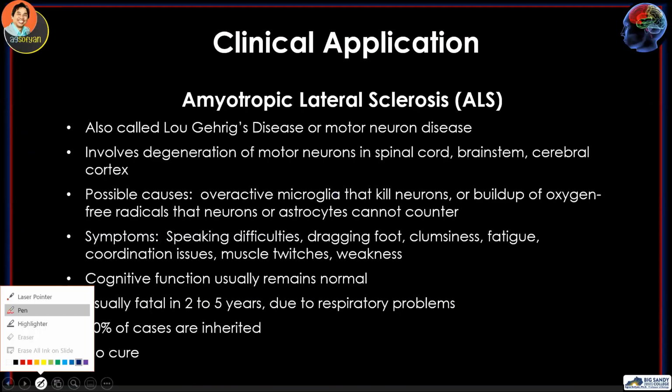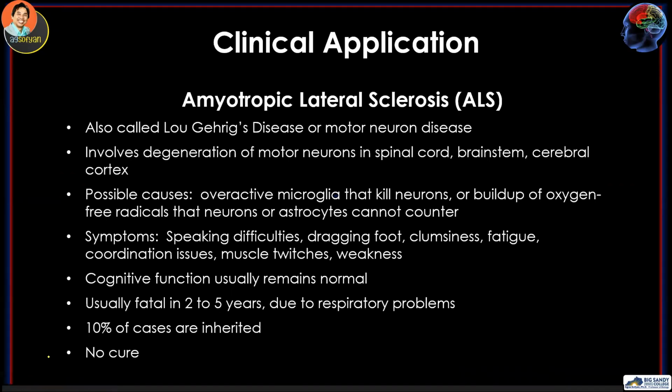Now some clinical applications for tract and spinal cord problems. For example, ALS, amyotrophic lateral sclerosis, also called Lou Gehrig disease. This usually affects the motor neurons, involving the degeneration of motor neurons in the spinal cord, brainstem, and cerebral cortex.